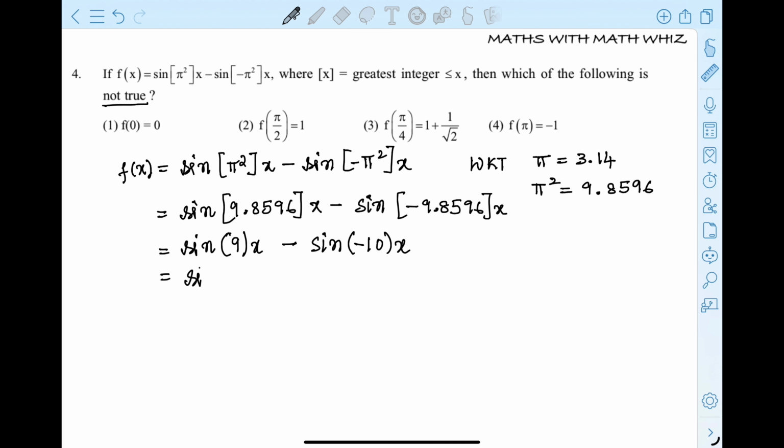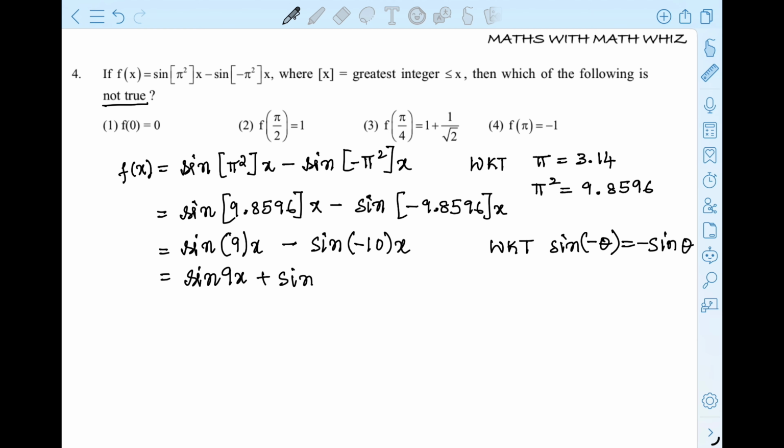So this becomes sine 9x minus sine of minus 10x. We also know that sine of minus theta is minus sine theta. So again this becomes plus sine 10x.